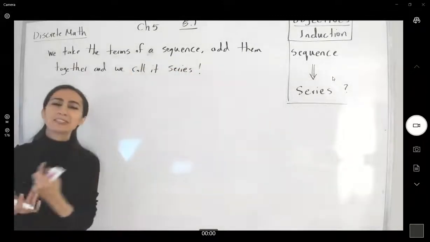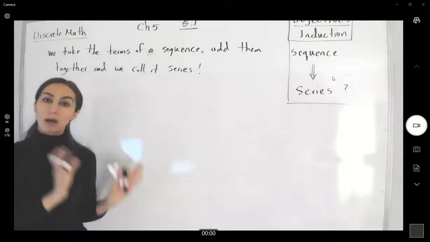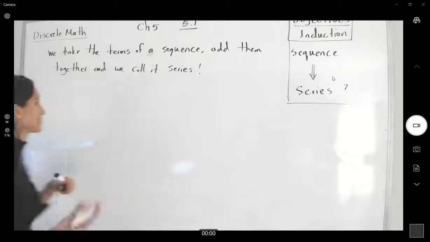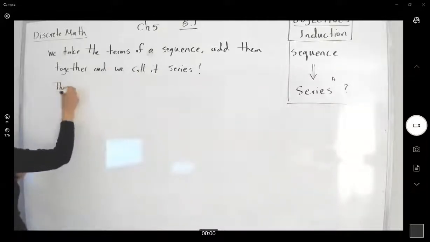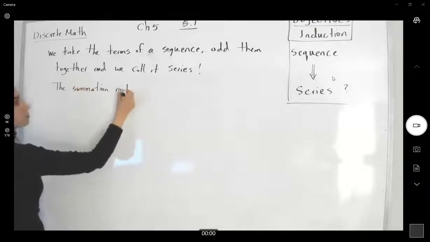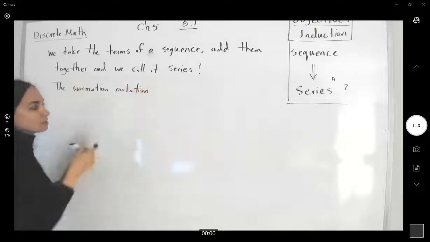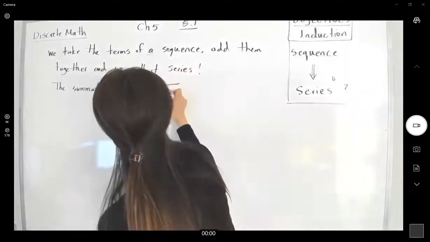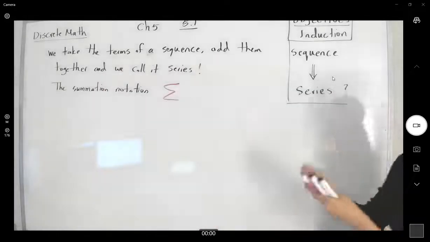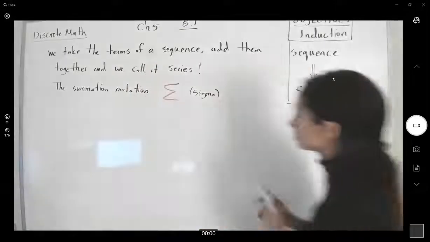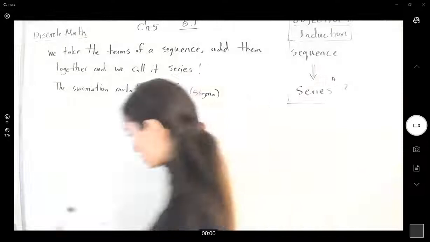Well, in calculus, you saw that we use summation notation, which is the ugly S. The summation notation is the Greek letter sigma. For example, think about it this way.